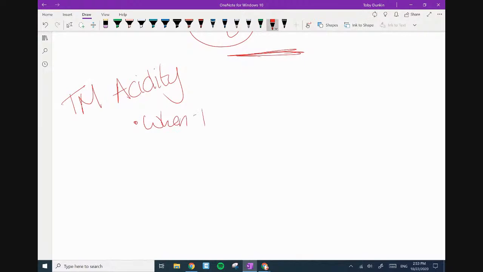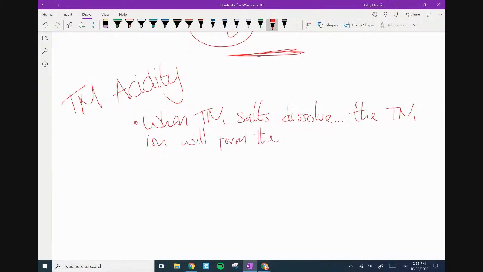When TM salts dissolve, the transition metal, the TM ion, will form the hexaaqua ion.